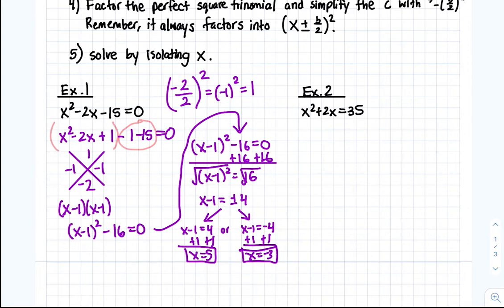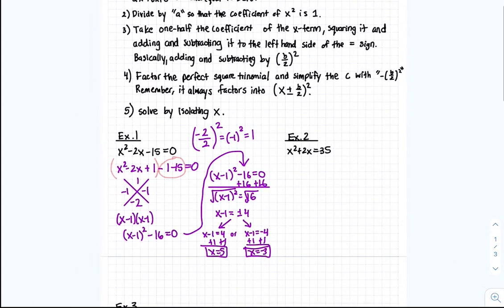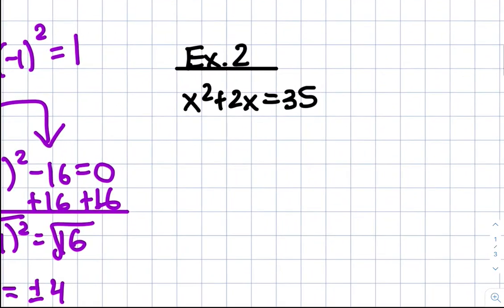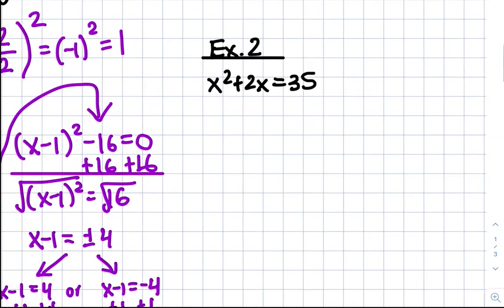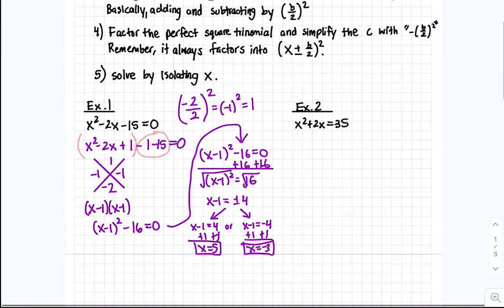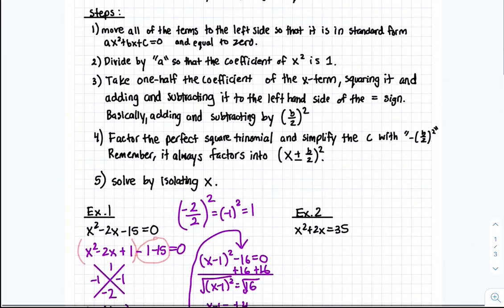Takes some time, but you guys just gotta get used to it by following the steps, right? So example 2. In example 2, let's take a look at our steps. I'm trying to reposition it so you can see the steps. Okay, so it says, move all the terms to the left-hand side. Got it?